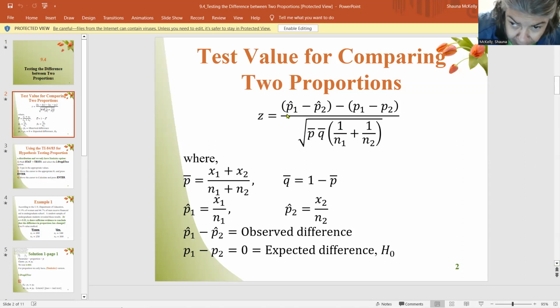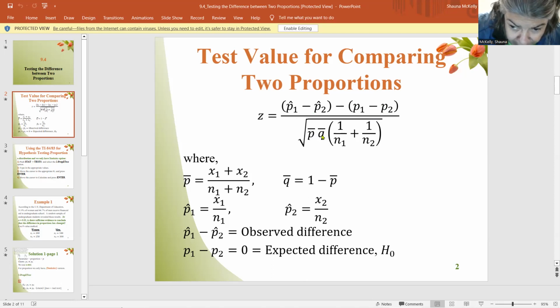P1 hat is the sample proportion for the first group. P2 hat is the sample proportion for the second group. Then we have the population proportions, P1 and P2.